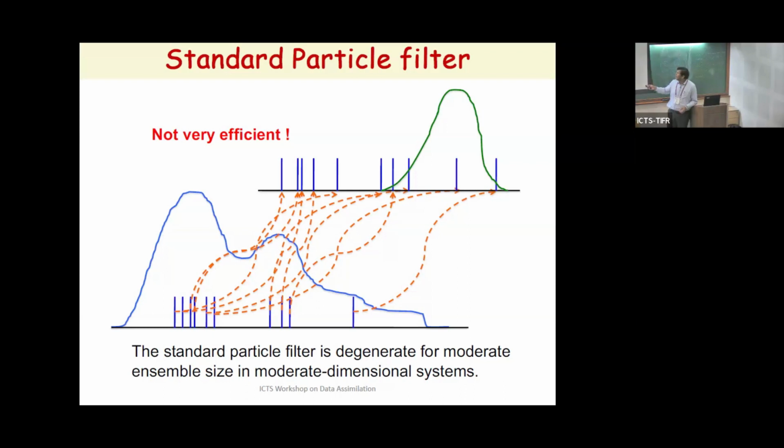Then most of these ensembles or particles will be rejected, and we will select only a few members. The next time, these numbers will be reduced again, and after some time you will get only one particle which takes all the weights, and that is the issue in this filter.